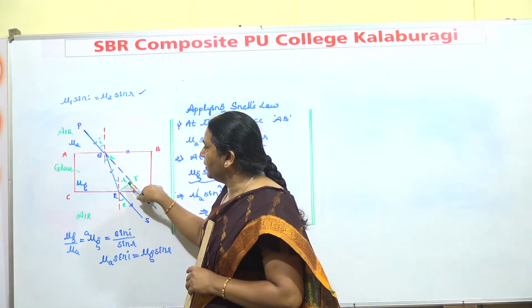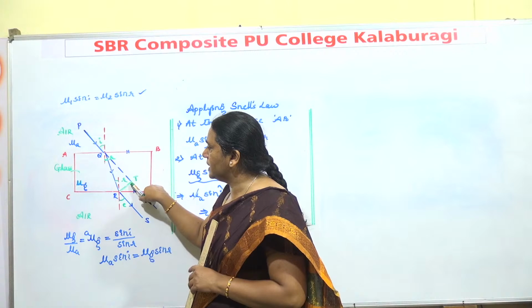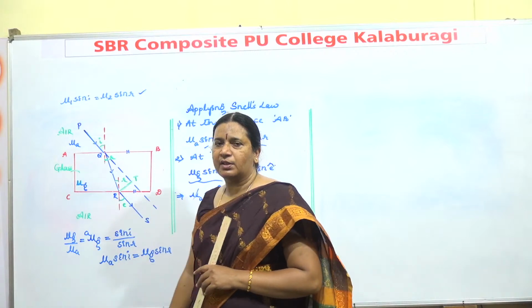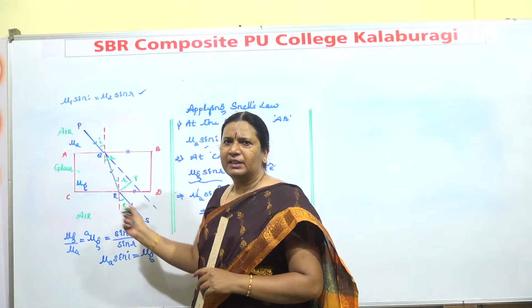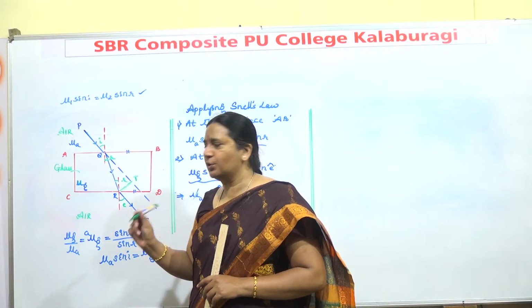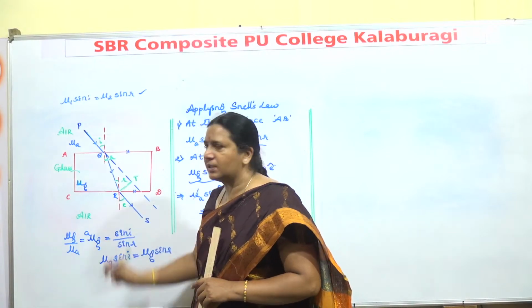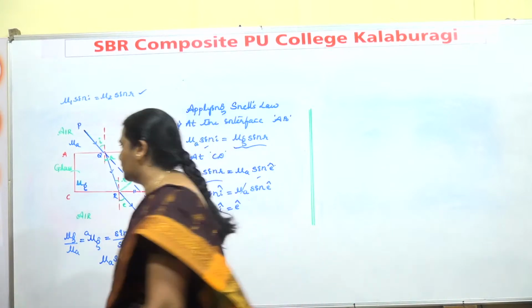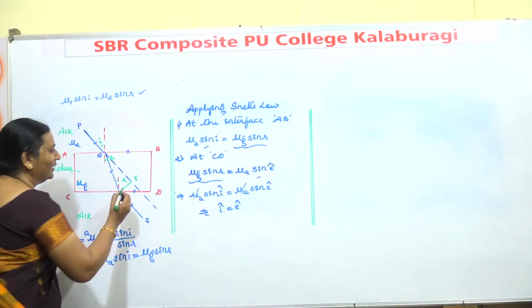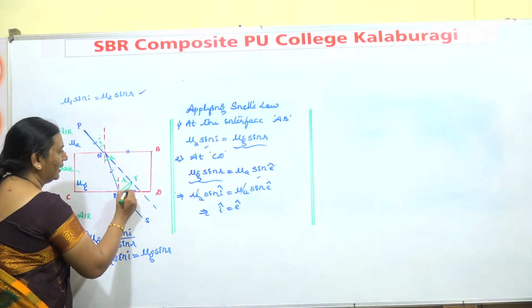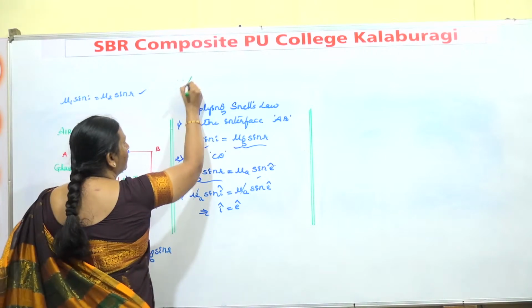So the perpendicular distance between your incident ray and the emergent ray is not deviation. No deviation is there. The direction is the same, deviation is 0. So this perpendicular distance we call as lateral shift. You can write as LS or SL. Okay, no problem. So this is known as lateral shift.